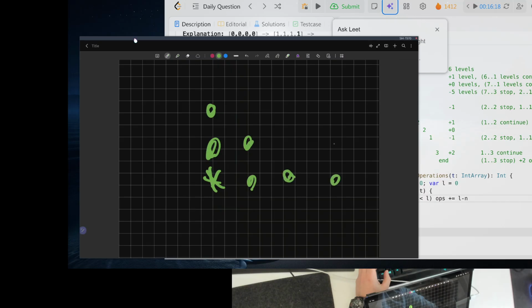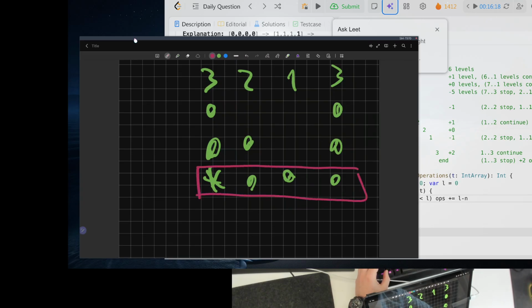Each circle represents an individual number, like this is 3, 2, 1, and 3. For the optimal increase operation, I want to choose the best, the longest, like in the Tetris game.